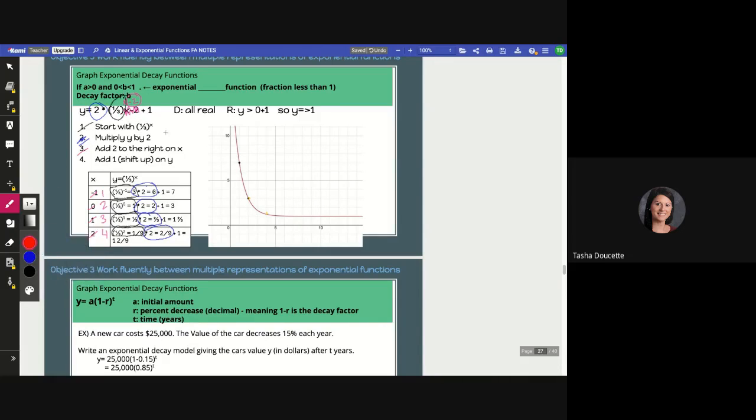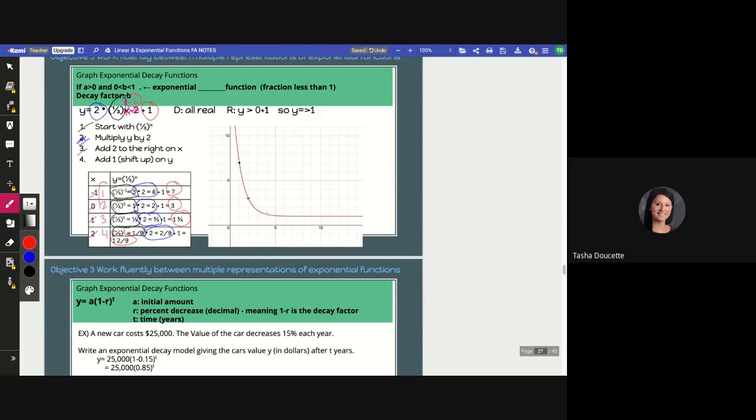And our final step is our +1, which is you add 1, so you're shifting up on the y. So I go back to my y and I'm adding 1. So my final y values are going to be 7, 3, 1 2/3, and 1 2/9.